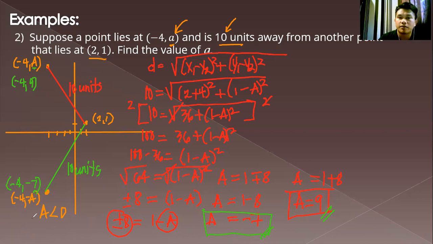Therefore, the values of a will be positive 9 and negative 7. Yun lang ang tinatanong diyan, yung value ng a para ma-verify natin yung distance, which is 10 units. Okay, so let's have another one.